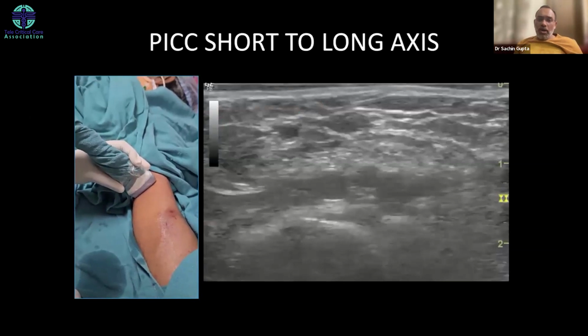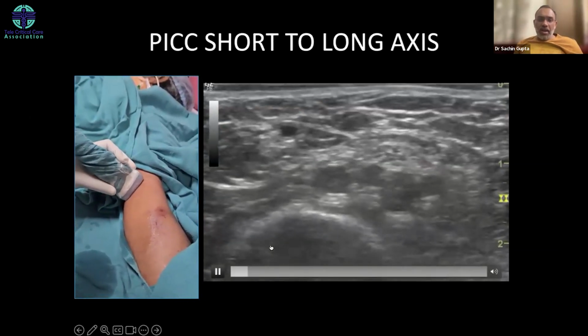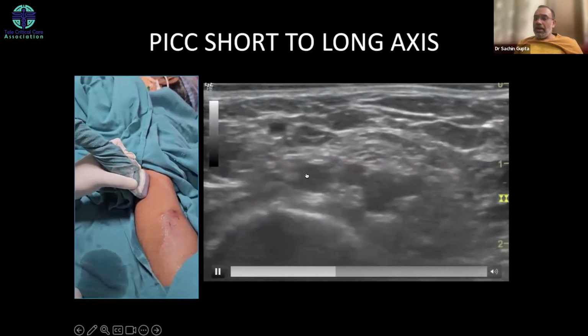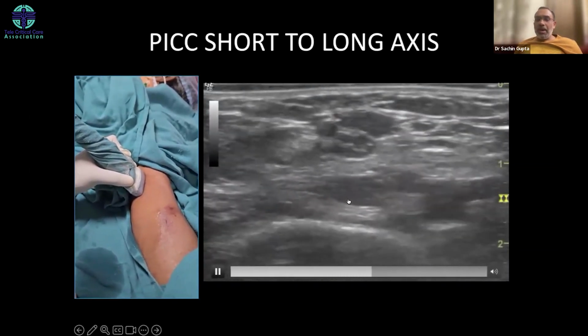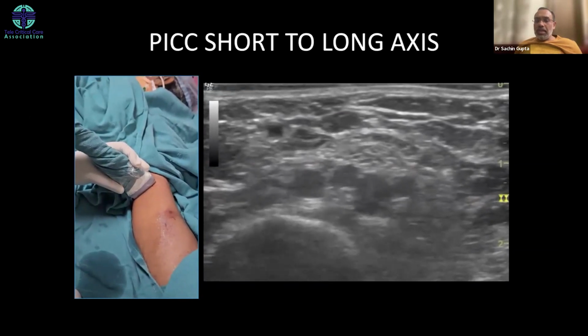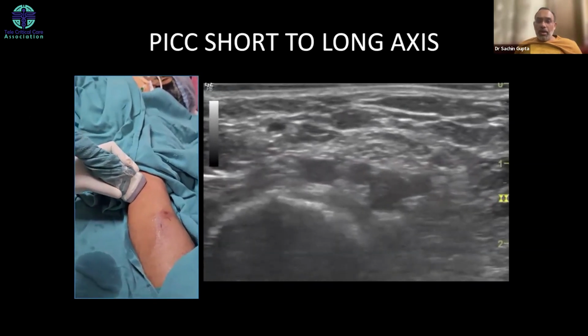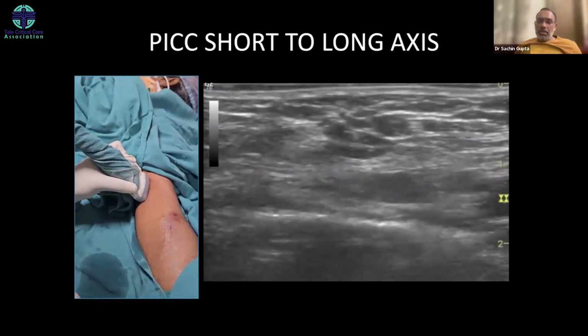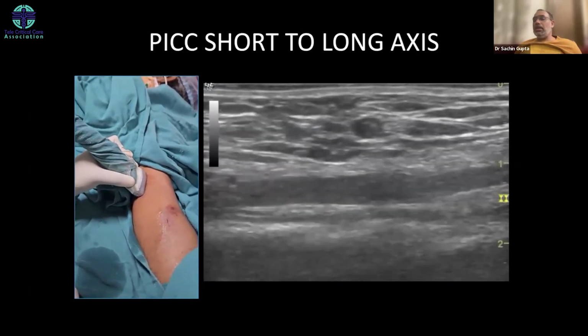So see, what has happened is, here we are first identifying from a short axis. We have identified two vessels here. One is the artery, one is the vein, and then I'm gradually converting it to an inline approach where I would be seeing the entire PICC line in the long axis. See, now I'm seeing the vein as a cylinder.